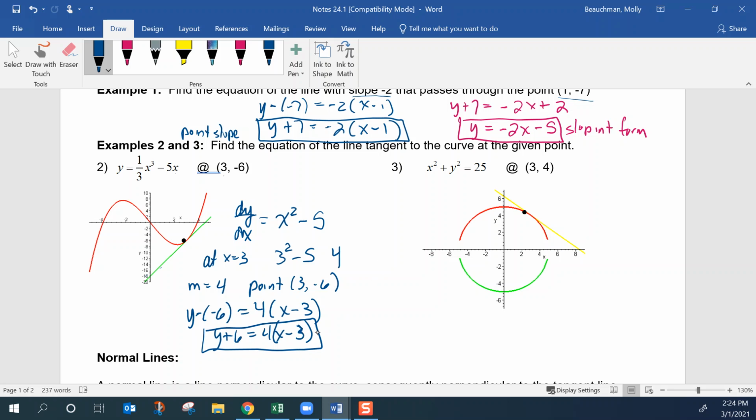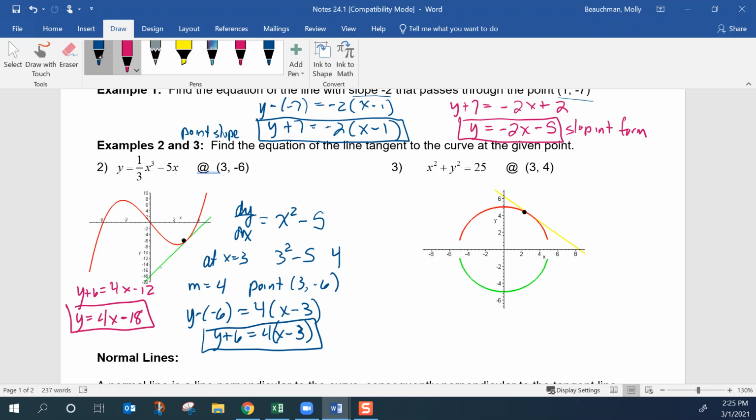Then if you want slope-intercept form, go ahead and multiply. We get y plus 6 is equal to 4x minus 12. Subtract 6 from each side. We get 4x minus 18. So there's our equation for our tangent line in both forms.